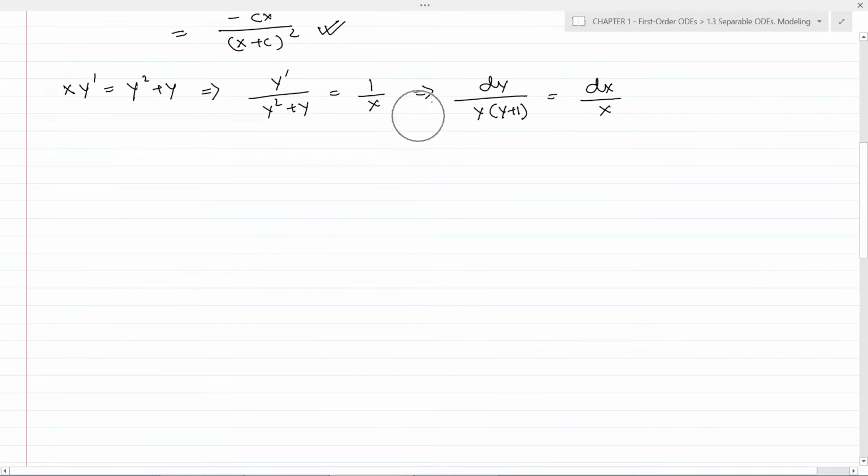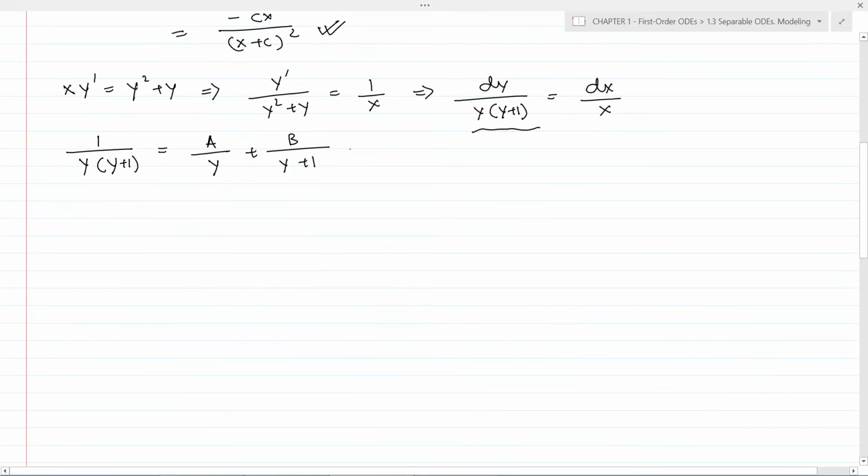Now we see that this left hand side term can be handled with partial fractions, which is 1 by y times (y plus 1), and this we can reduce to a sum of fractions, which will help us to integrate it. So we can write this as a divided by y plus b divided by y plus 1.